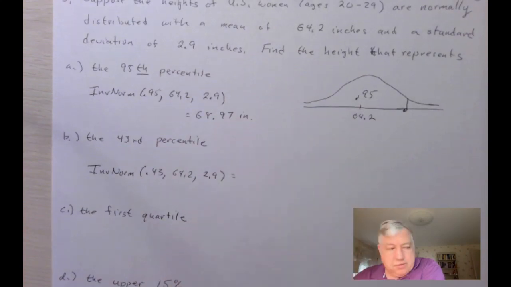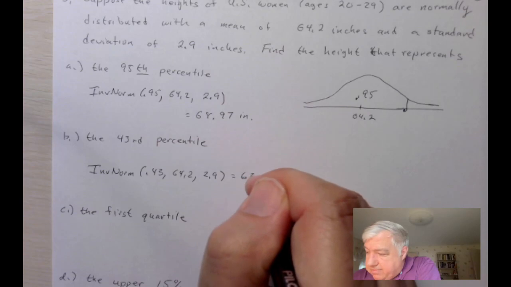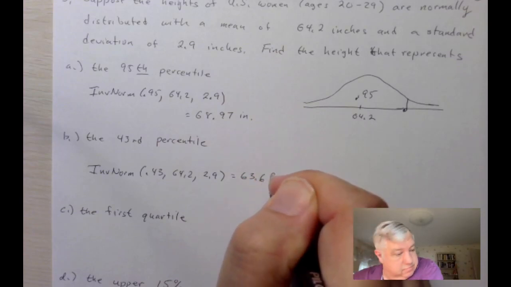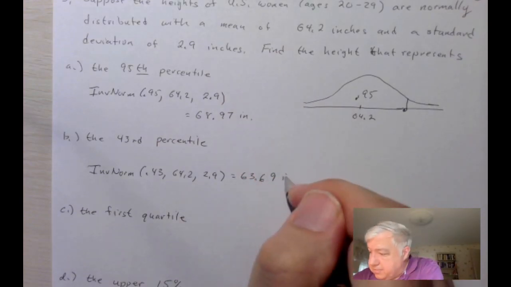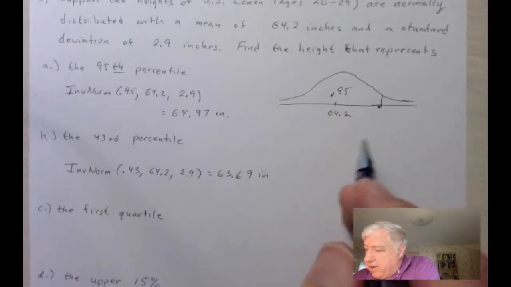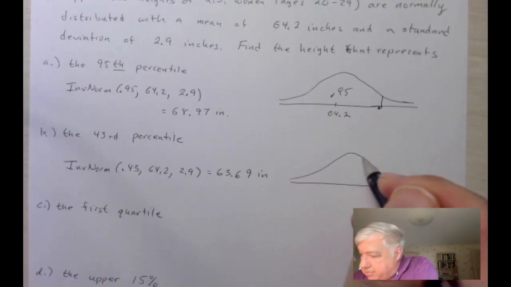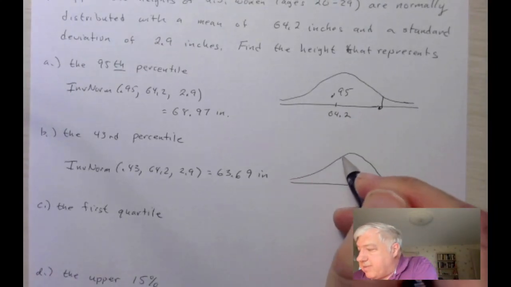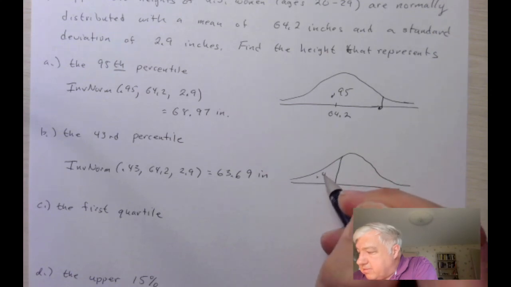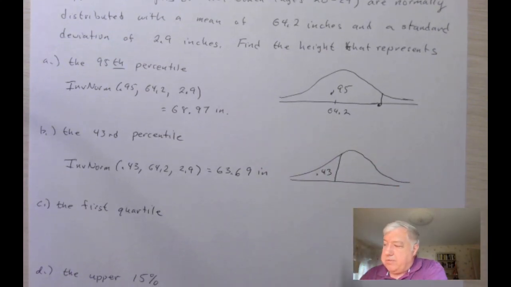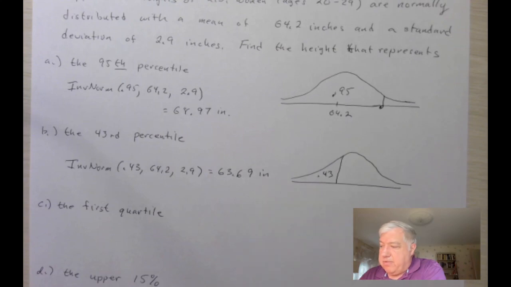Okay, and this turns out to be 63.69 inches. And again, here's our curve, and 43% is on this side, so we're talking about this. This would be 43% of all the heights.